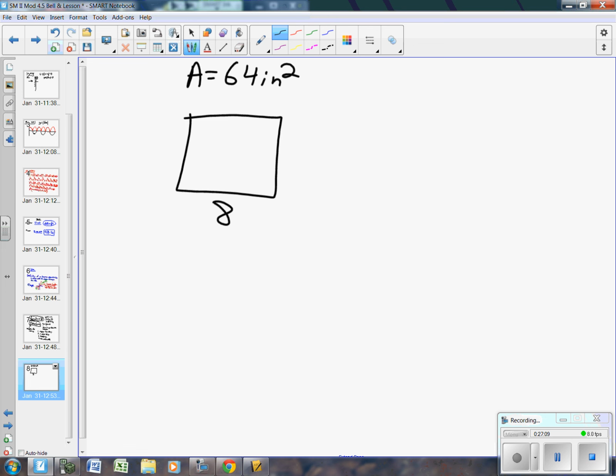There you go. It's 8. Why? Yeah, 8 times 8 is 64, right? You understand? So you're going to need to know that for your assignment. All you have to do is take the square root of the area to find the length of the sides of a square. Okay, I would write that down in your notes in case you need to know.